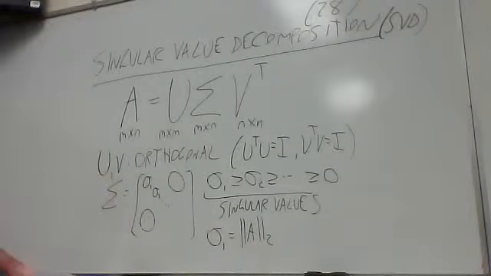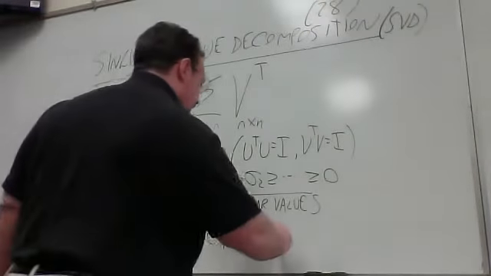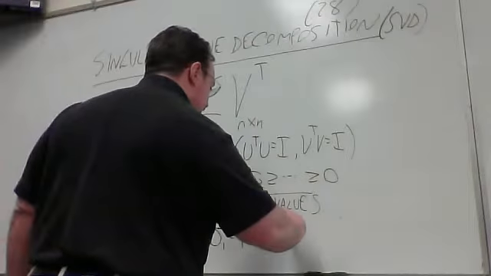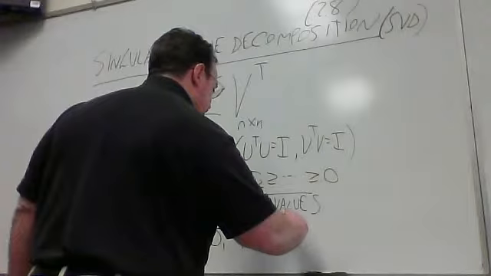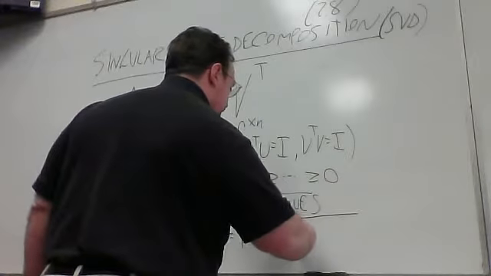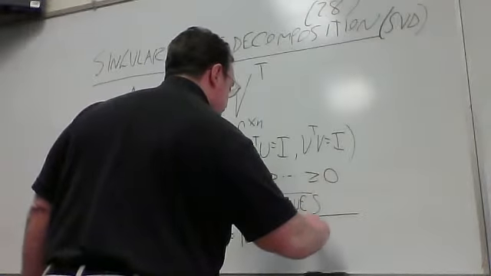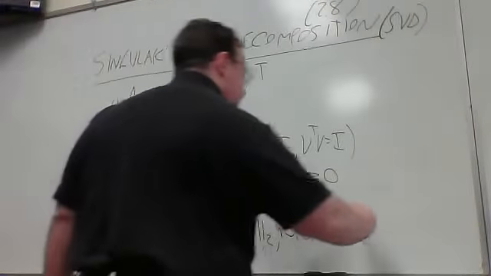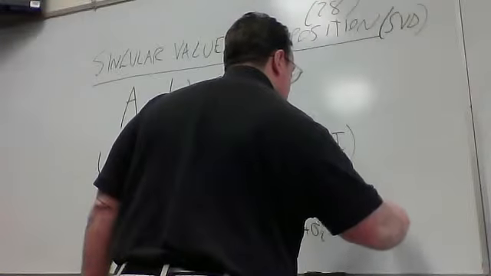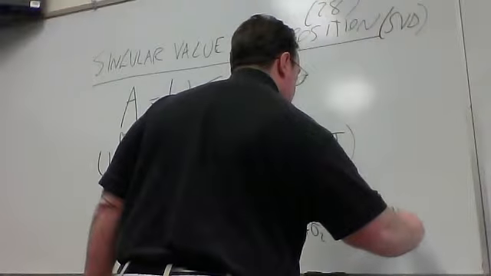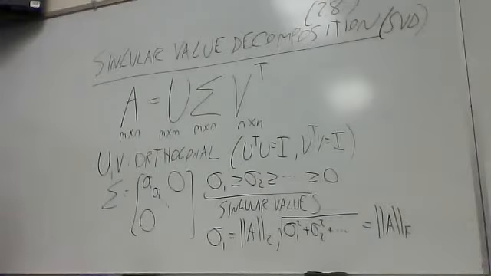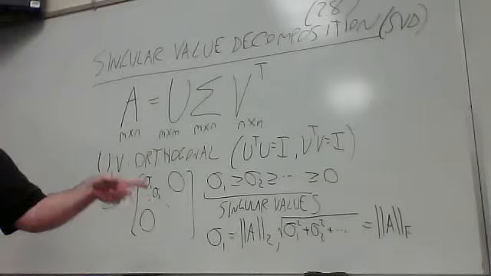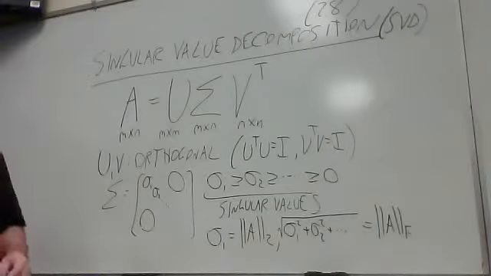Okay. So, oh, actually, before I do that, one other thing I want to mention is about norms. If I take the square root of the sum of squares of all the singular values, then that is actually equal to the Frobenius norm of A. So in fact, you can see right away from this, the Frobenius norm of a matrix is always greater than or equal to its 2 norm.